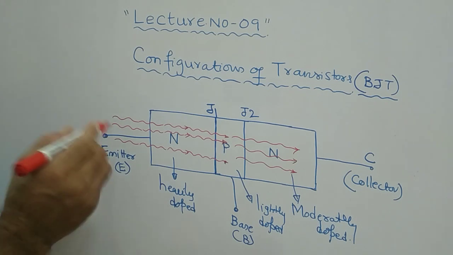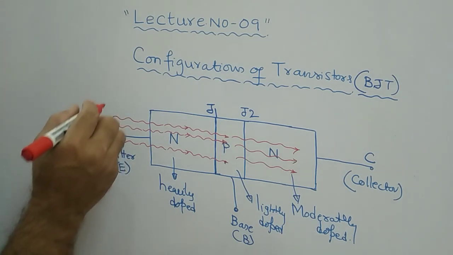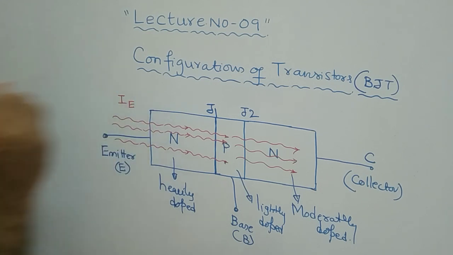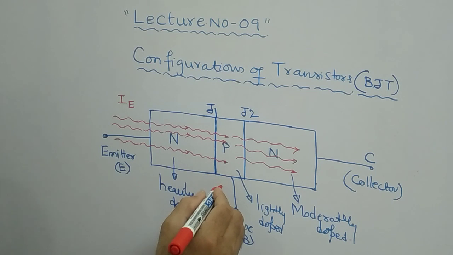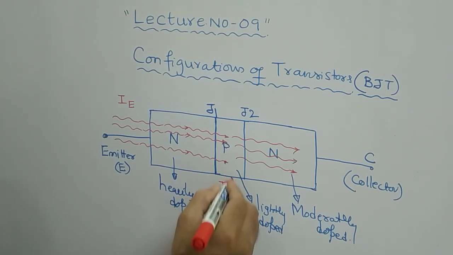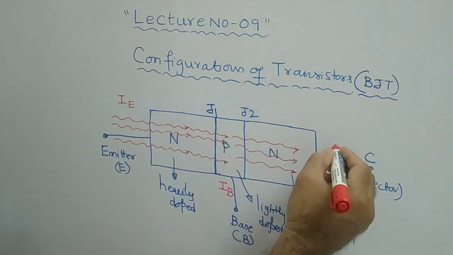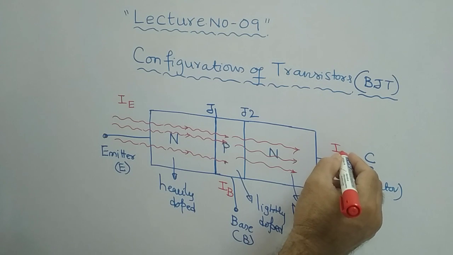In the emitter terminal, the current is called the emitter current. IE is the emitter current. In the base terminal, the current is called the base current, and the current in the collector terminal is denoted by IC.